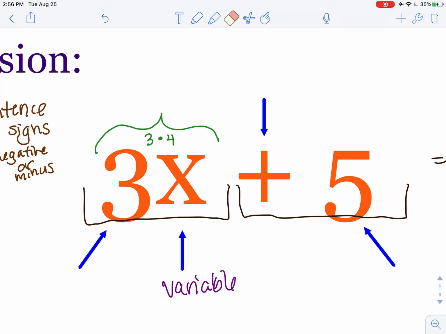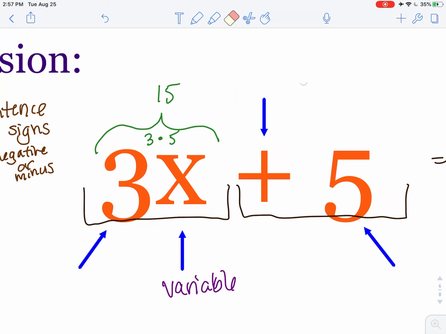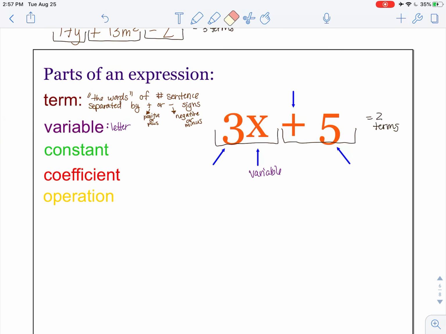One more time, if I said, okay, it's 5, you would say it's 15 plus 5. Notice that this constantly is changing. But the thing that is constantly staying the same is the plus 5, plus 5, plus 5. You are always adding 5. So that is our constant.